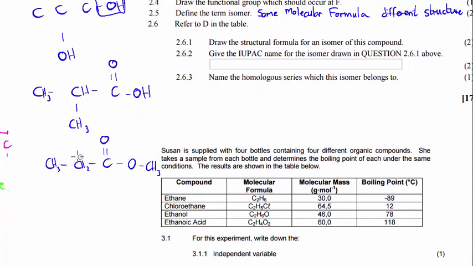I could have also taken this, broken off another one and taken it there. Okay, so in other words, here's another option, CH3, C, CH2, CH3. Sorry, I'm missing an oxygen. One oxygen and then that CH2, CH3. So I just moved it from this side to that side.